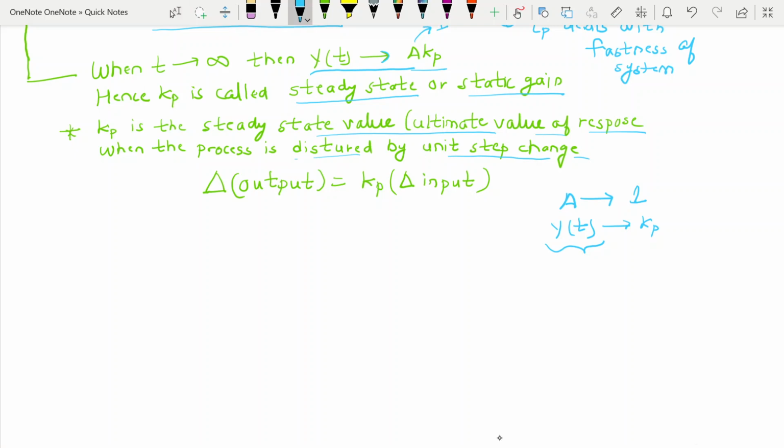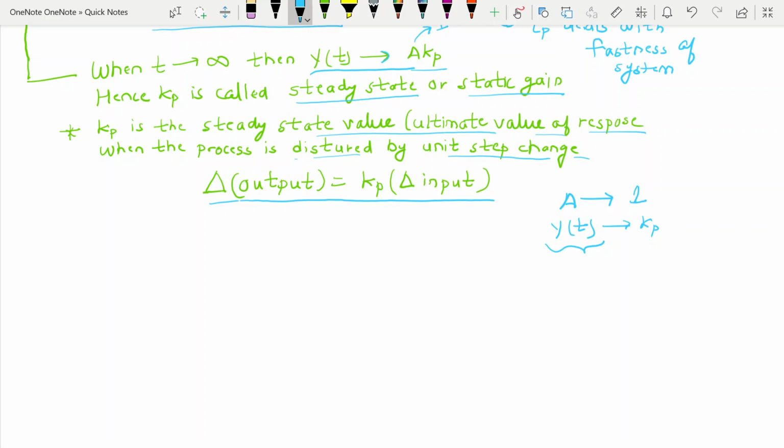So I can write it like this: delta output equal to Kp times delta input. That means my final output will depend on Kp and input.